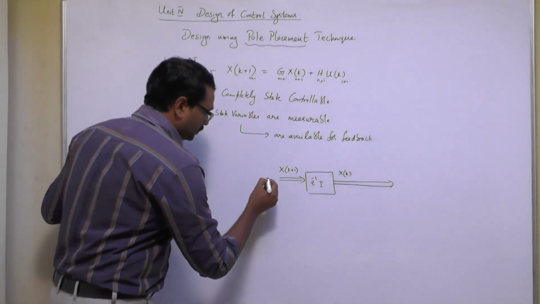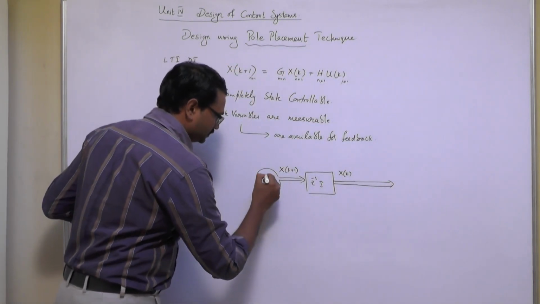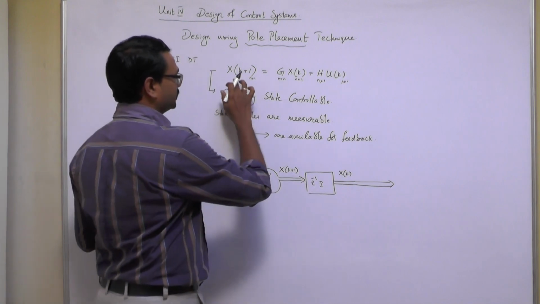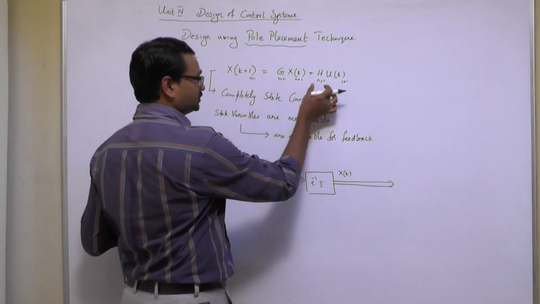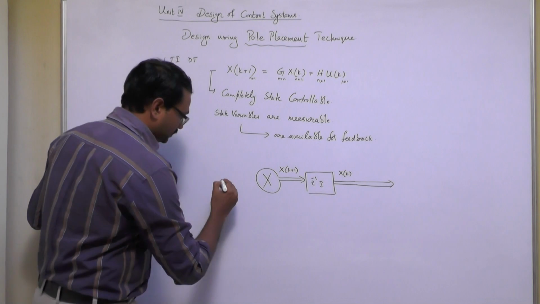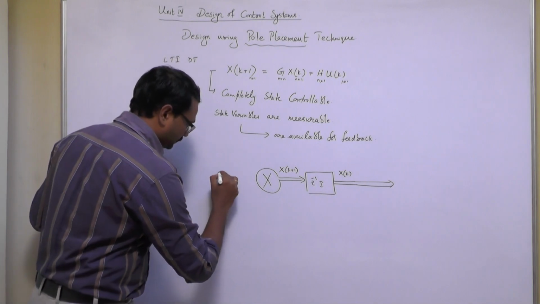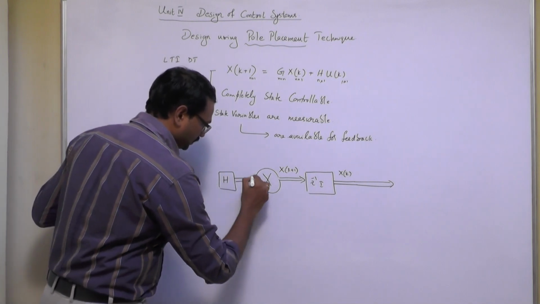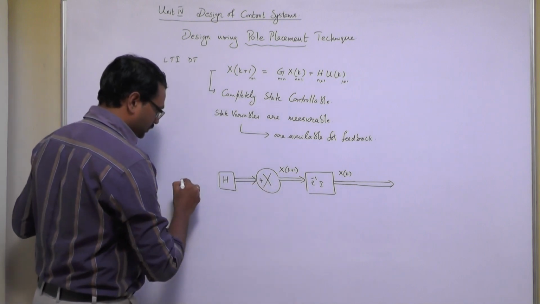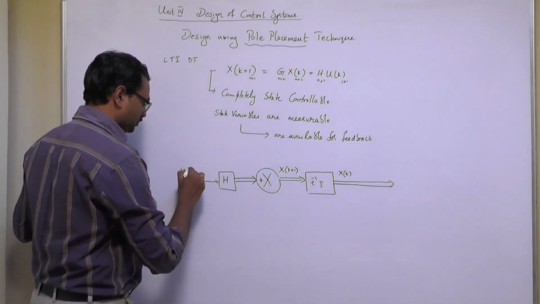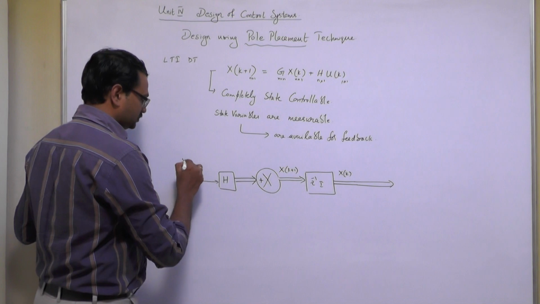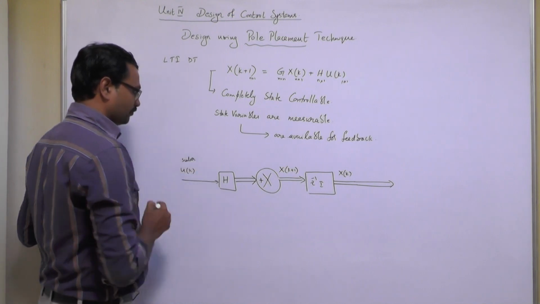Now that equation gives us x of k plus 1 as the sum of g x of k plus h u of k. I will consider u of k as a scalar input.